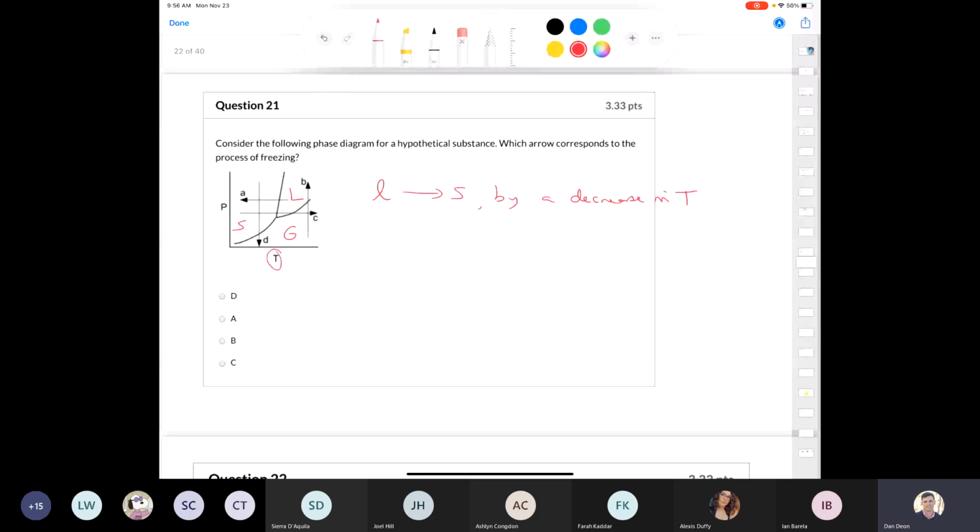But if you look at C, you're going from a solid to a liquid to a gas. That's going to be melting followed by vaporization, whereas A, you're going from a liquid to a solid, right? Like that by decreasing temperature. And so the answer is going to be A.